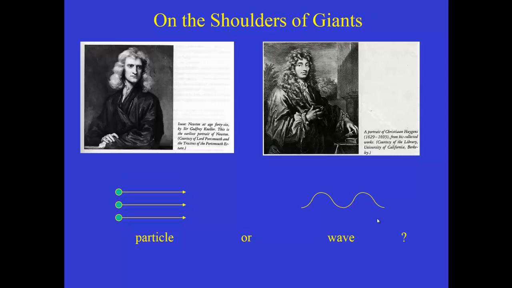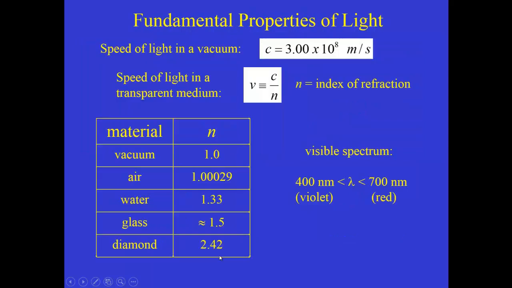But that did not happen back in the day of Newton and Huygens, and the inability to detect the wave nature of light probably was another factor that counted in favor of Newton's theory, which was sometimes called the corpuscular theory, thinking of light as a collection of tiny corpuscles.